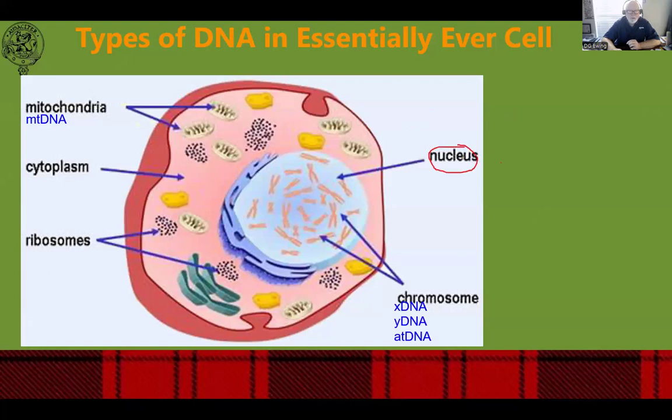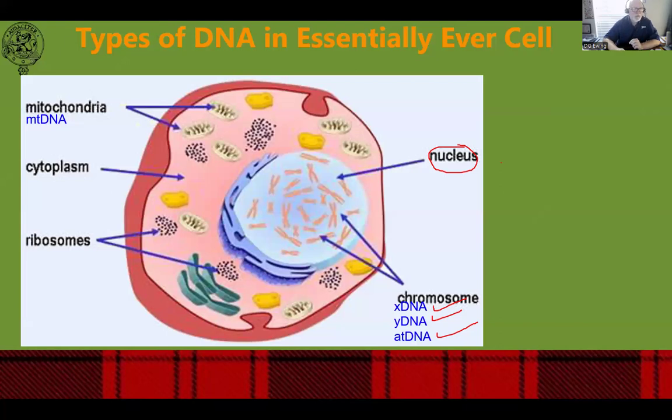It has a nucleus, and inside that nucleus are the X DNA, the Y DNA, and the autosomal DNA. So it looks like a bowl of spaghetti if you looked at it under a microscope. All of these strands of chromosomes are all twisted.